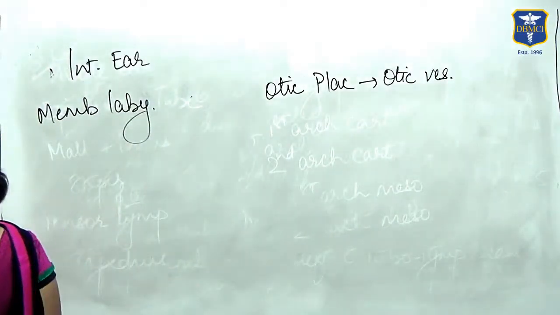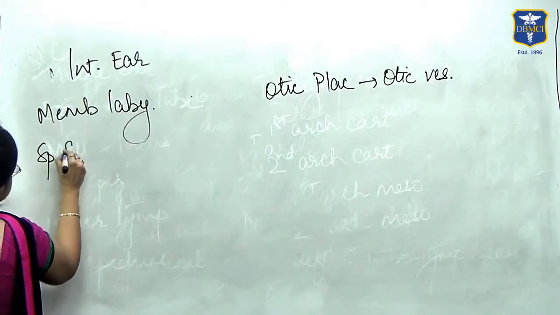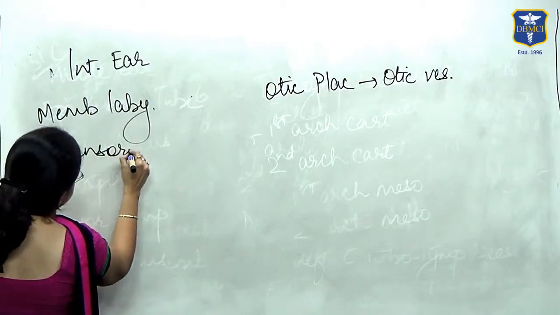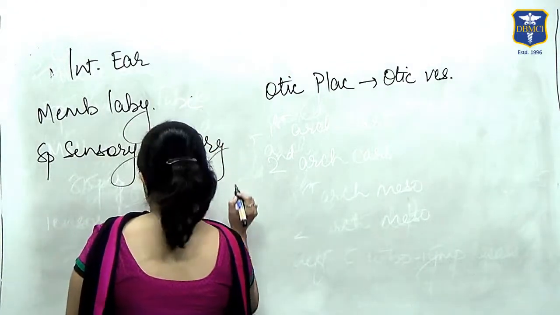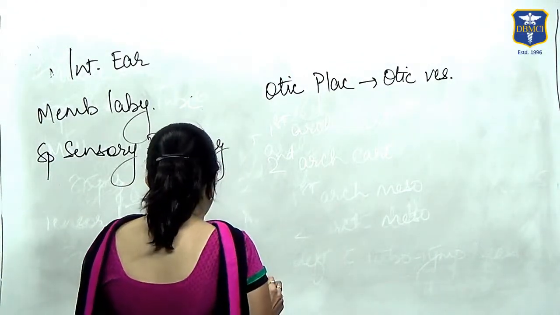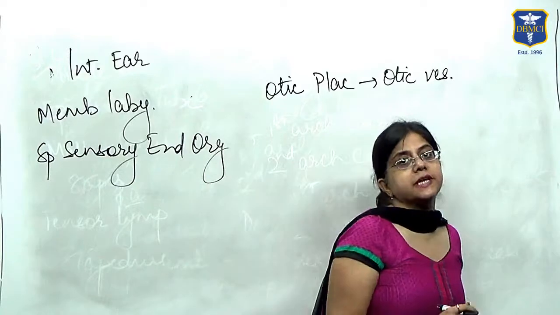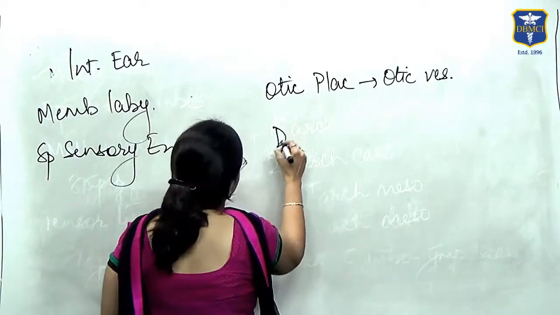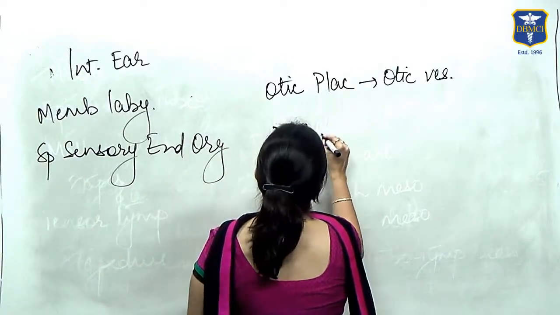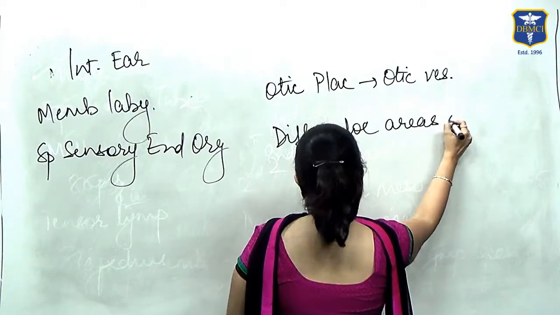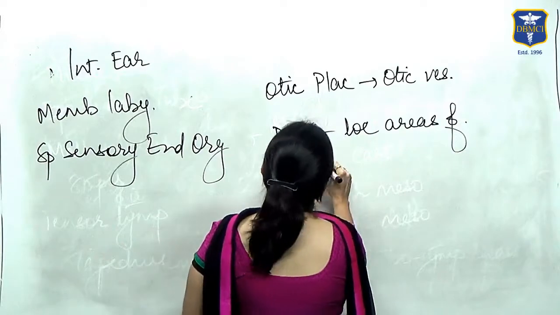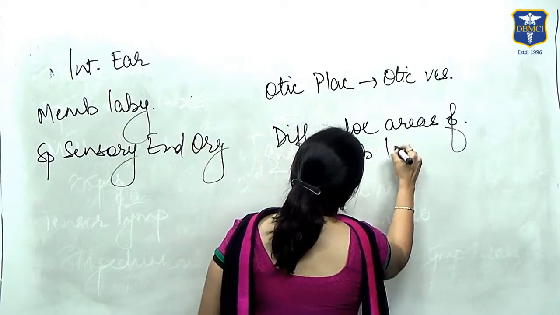The special sensory end organs develop by differentiation of localized areas of membranous labyrinth.